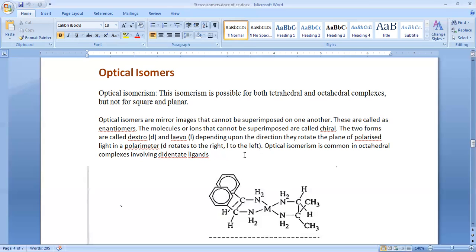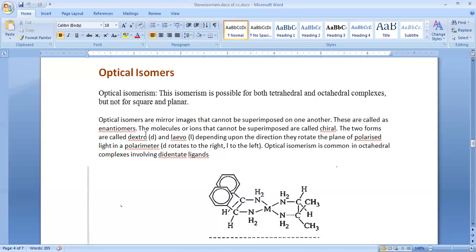If the plane polarized light is rotated towards the right hand side by theta degrees, then the molecule is designated as dextro. For example, glucose is also known as dextrose. Why? Because a dilute solution of glucose rotates PPL light to the right hand side.